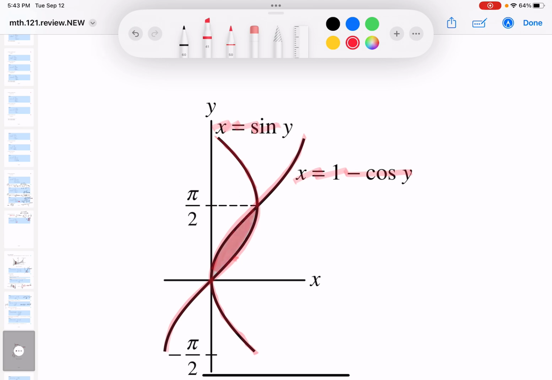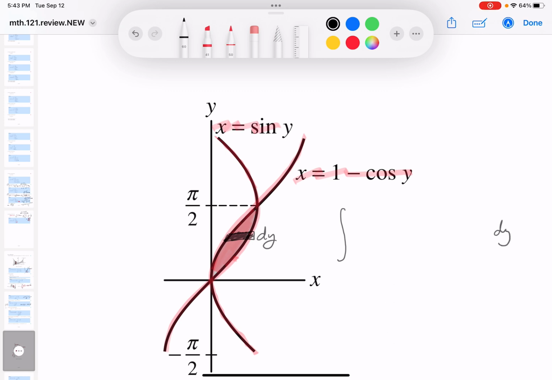Now someone says, how do you do that? Looking at the curve, I want to get a rectangle out of it, but I want my differential to be y. So what does that mean? I want my rectangle to go this way. The differential will be dy. So what I like writing down first is the differential with the limits.